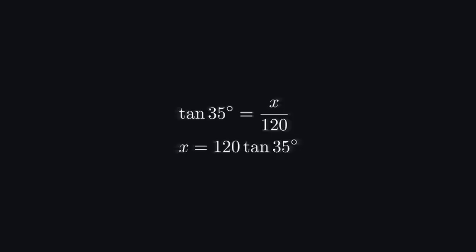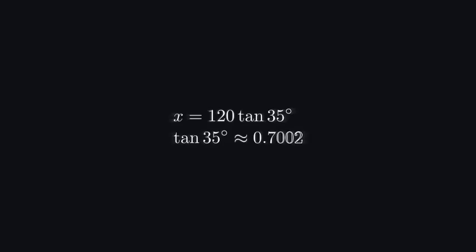X equals 120 tan of 35 degrees. Tan of 35 degrees is 0.7002.